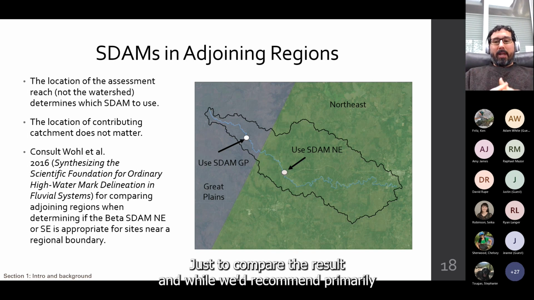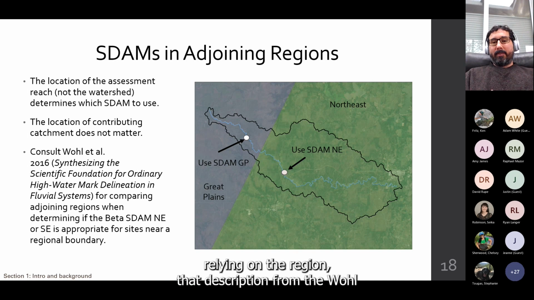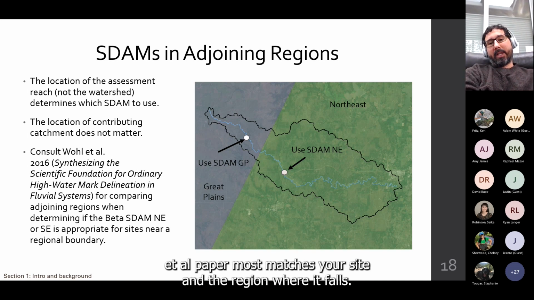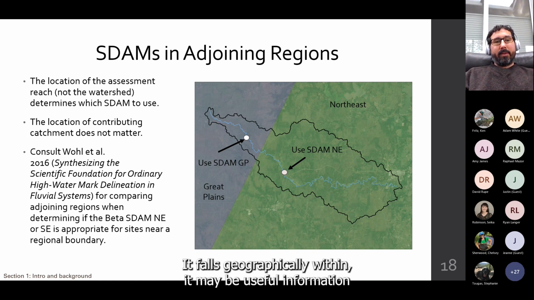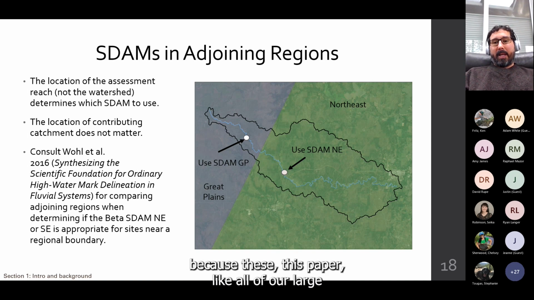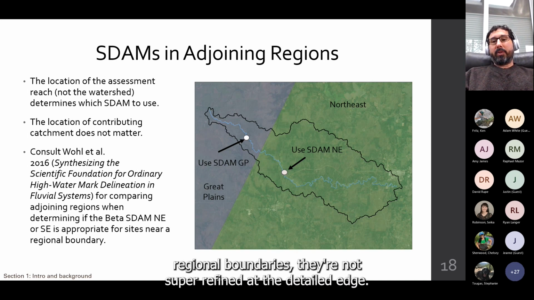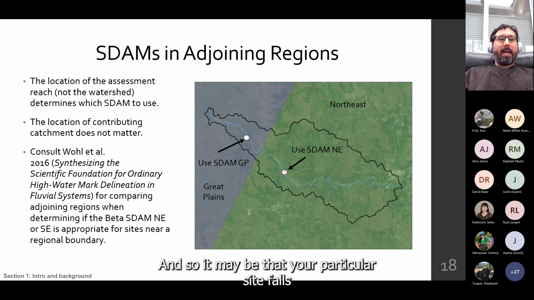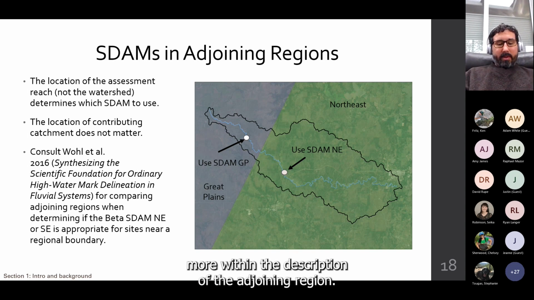And while we'd recommend primarily relying on the region that's described from the Wool et al. paper that most matches your site, and the region where it falls geographically within, it may be useful information because this paper, like all of our large regional boundaries, is not super refined at the detailed edge, and so it may be that your particular site falls more within the description of the adjoining region.